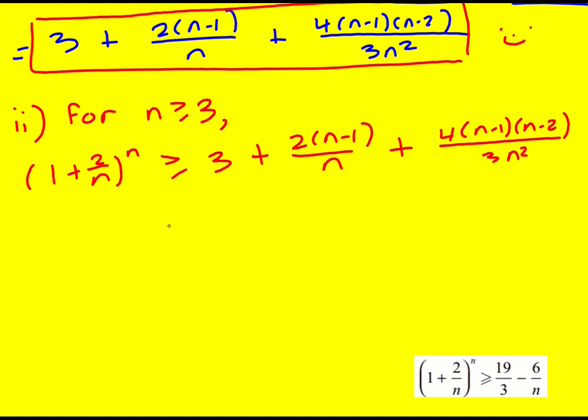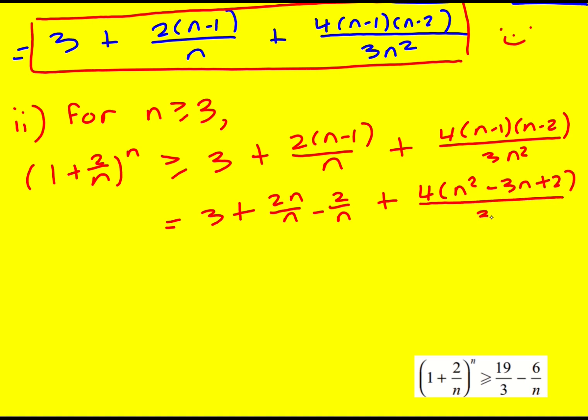So let's have a go at simplifying this. I'm going to get 2n over n, minus 2 over n from this term here. Over here, I'm going to get 4 times n squared minus 3n plus 2 all over 3n squared.